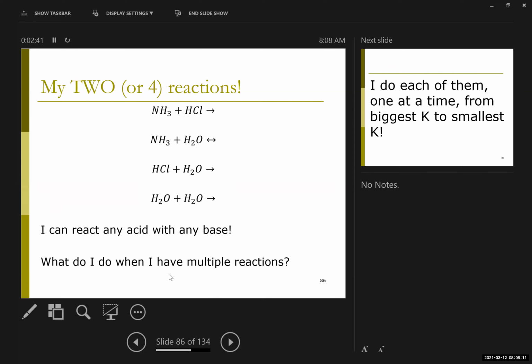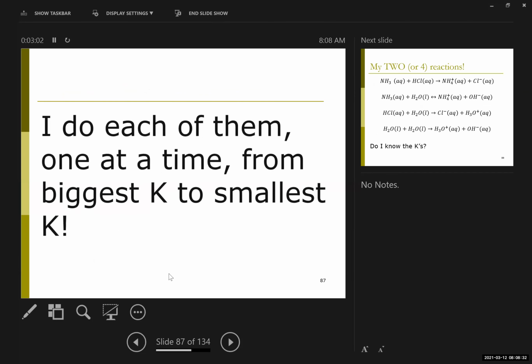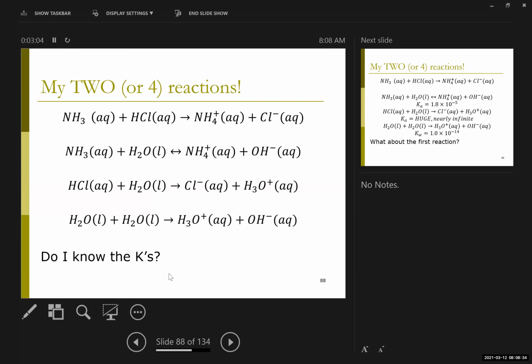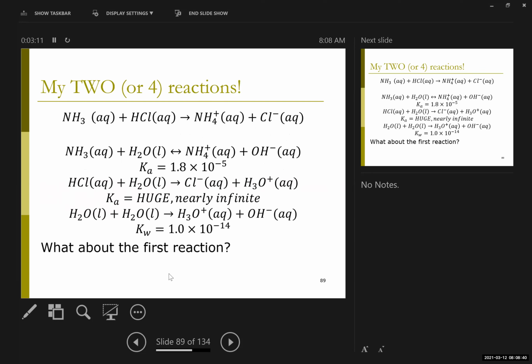The bigger K is the one that ends up dominating. They're all going to get to equilibrium. I don't know when any of them get to equilibrium, but once they're all at equilibrium, the changes I see are dominated by the biggest Ks. And so when I say biggest K first, I'm really referring to my calculation, not anything real that's going on in the beaker.